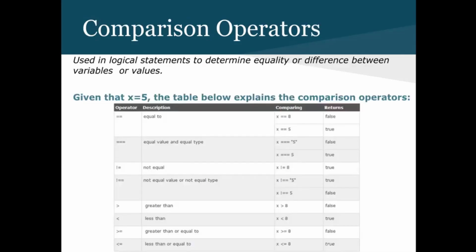So comparison operators, and this table is taken directly from W3Schools, are used in order to create conditional statements that return Boolean values of true or false. So whenever we use a comparison operator, we check to see what the value of the two sides are, and then is this true or is this false? If it's true, then we want to do the following code block.